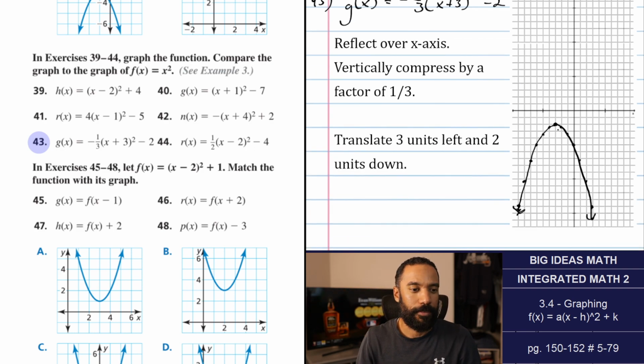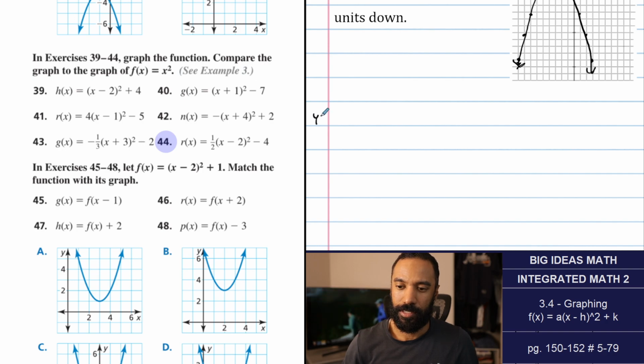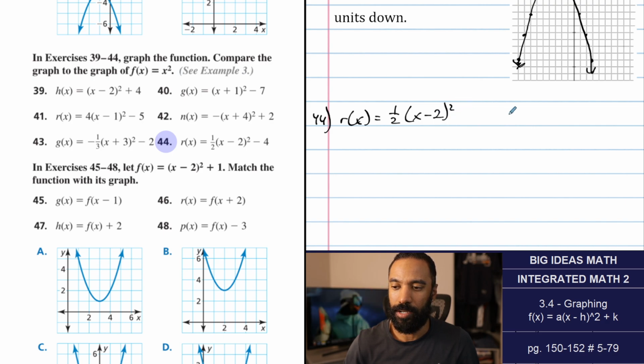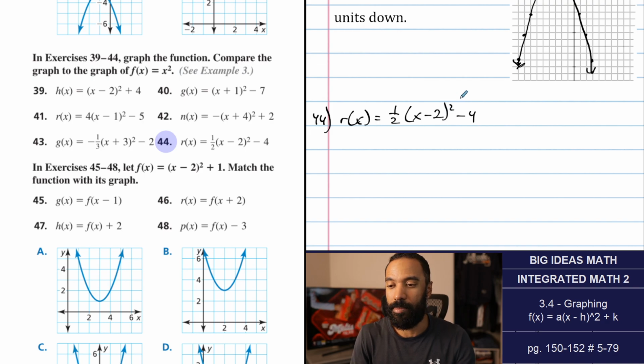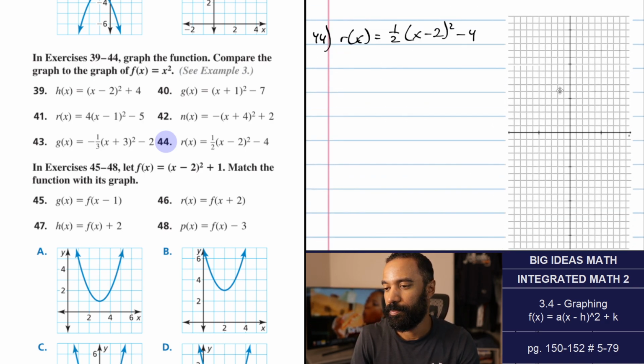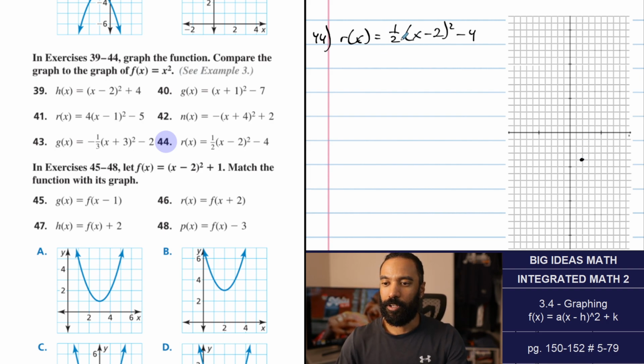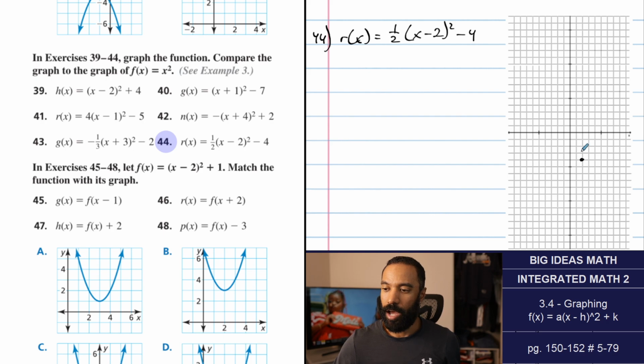Okay, number 44. r of x equals 1/2 times x minus 2 quantity squared minus 4. So the vertex is going to be at 2, negative 4. The vertical stretch of 1/2, it's upward because it's positive.